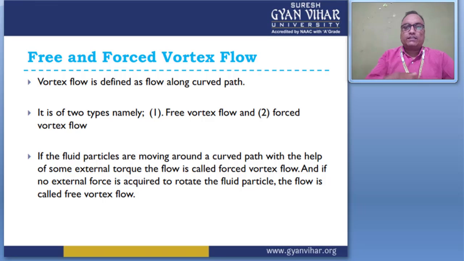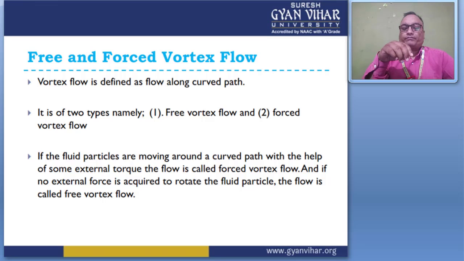So this is one kind of free vortex flow. And flow moving inside a mixer grinder, just like the mixie, is one type of forced vortex flow, and water and clothes rotating inside the washing machine is also one type of forced vortex flow.